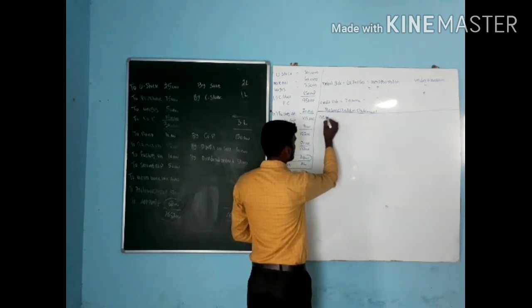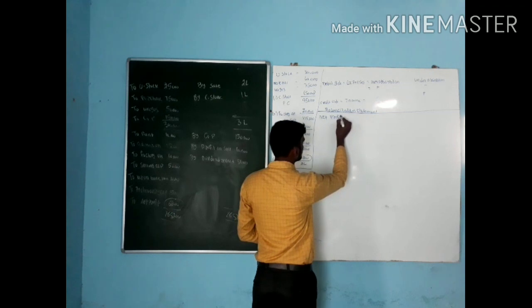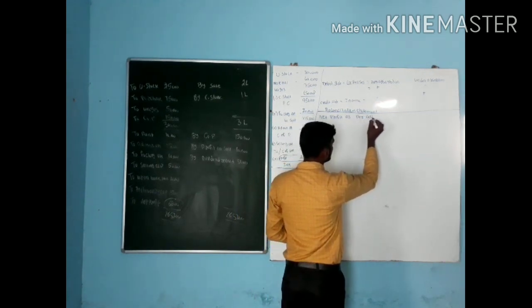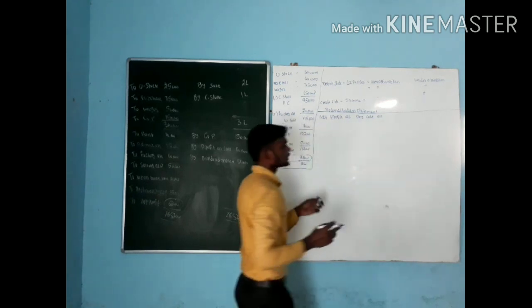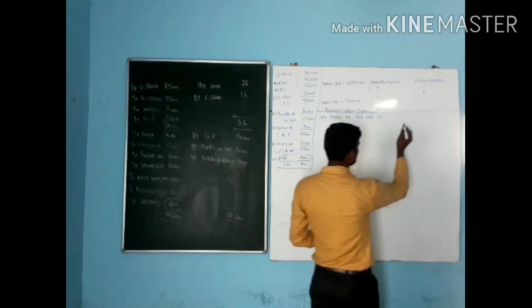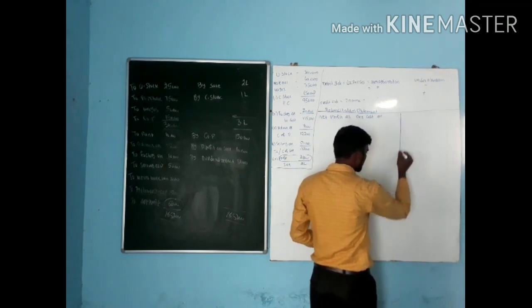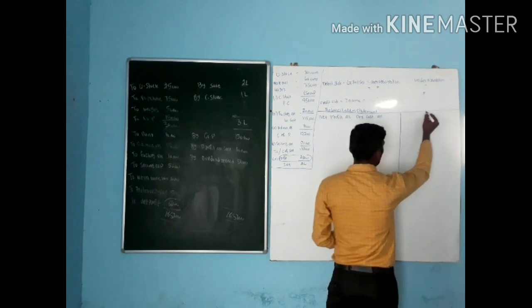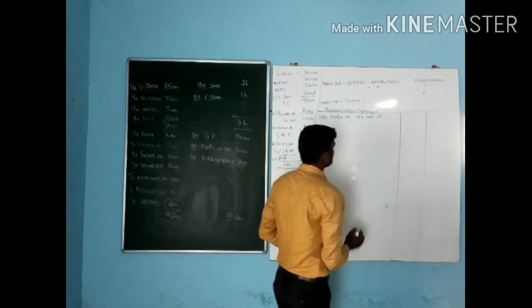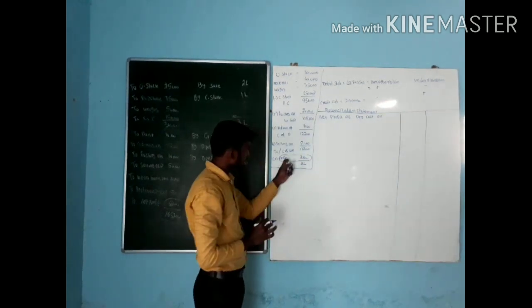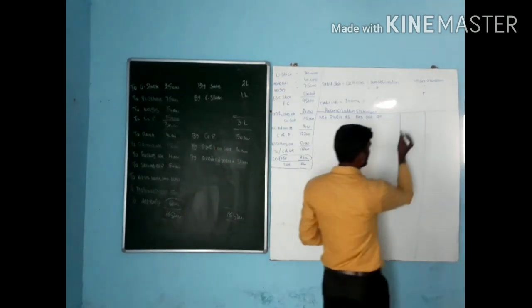Let's take an example. I am taking net profit as per cost account. Even if you want, you can take net profit as per financial account as well. Net profit as per cost account is 28,000.